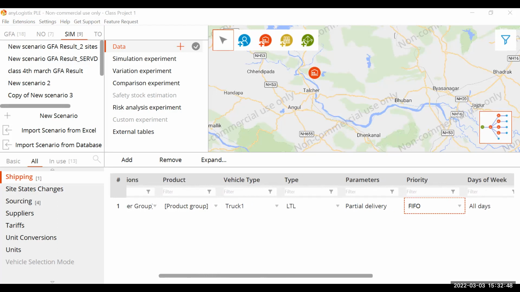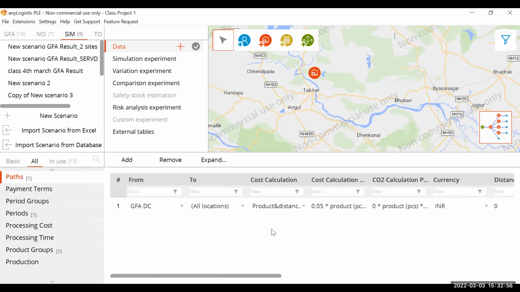Next is path, right? So path is very important. As of now, in the last greenfield analysis, we had not defined the transportation cost, right? So path is where we can define the transportation cost. Transportation cost from where to where? From our distribution center to the customers, right?